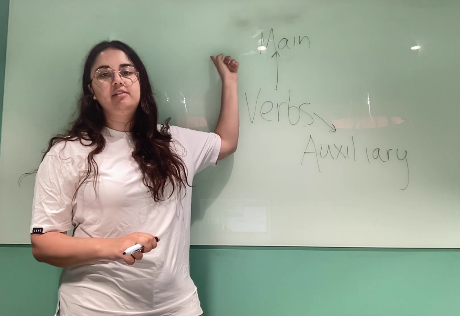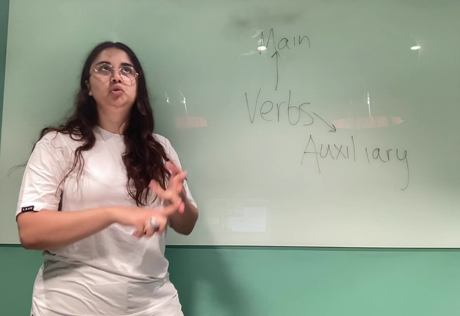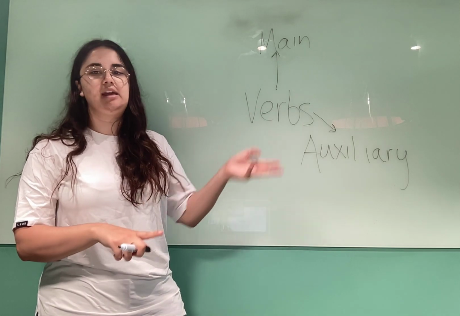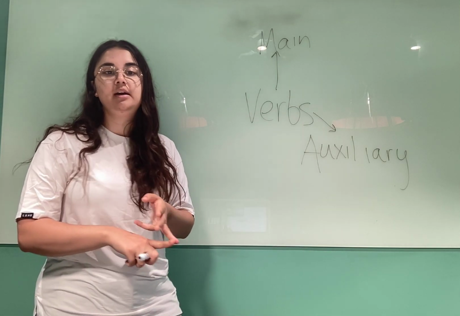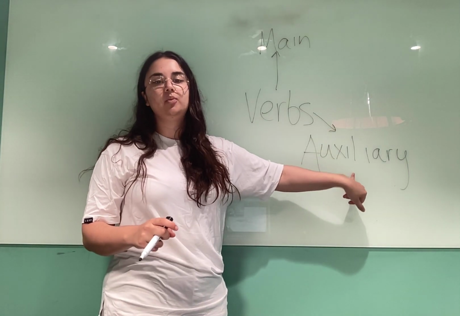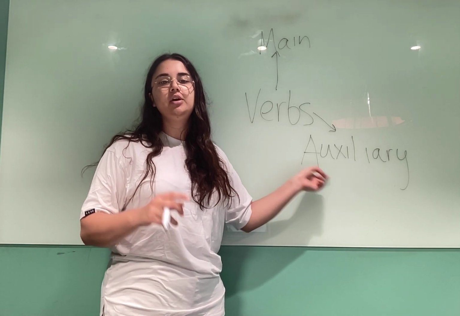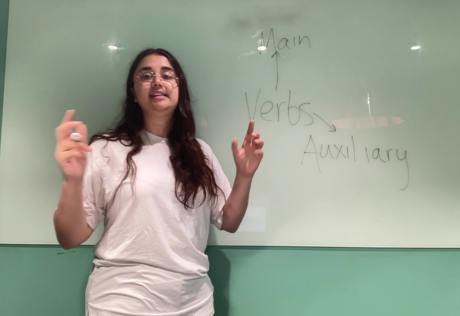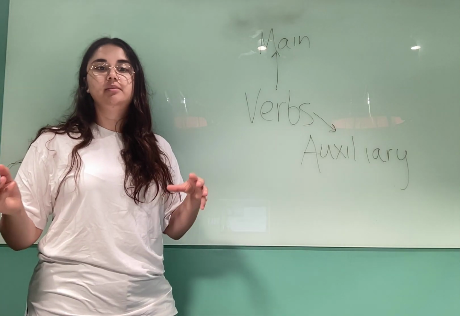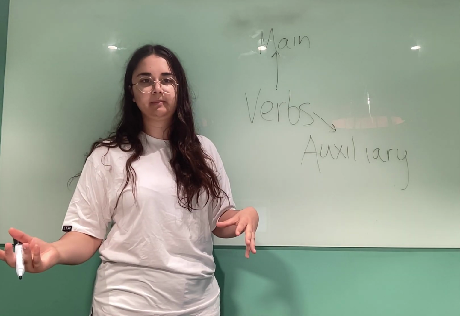So if we go back to main verbs, swim, dance, walk, they're all our main verbs. So with auxiliaries, we want to modify and change them. We can use auxiliaries to change the tense. We can use them to create negatives or create questions.